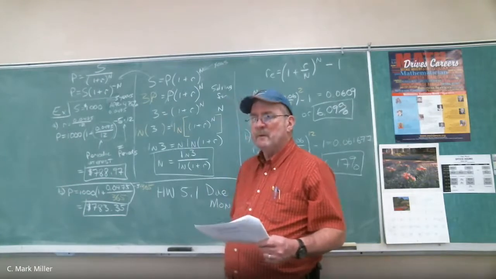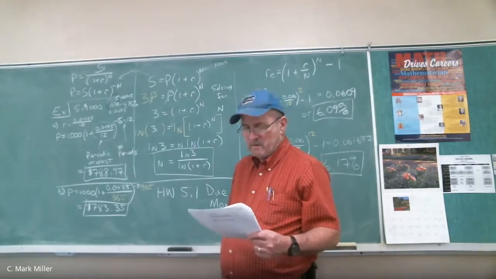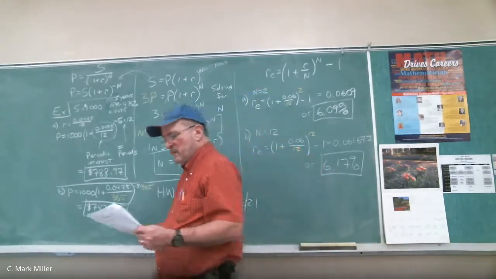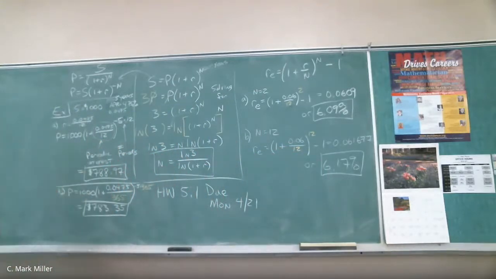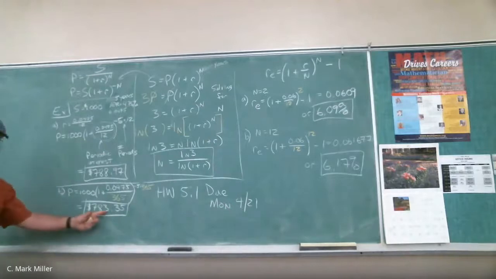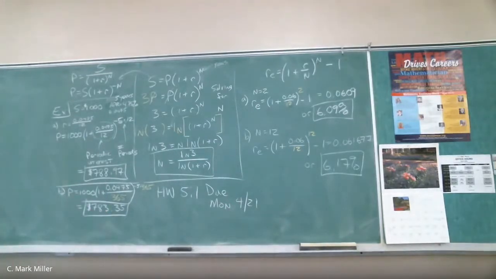You sure it's an 8, not a 3? It's a 3. Right here, you mean? Let me see. I got 788 also. I think it's a 3. All right, hang on. 1,000, 1 plus.